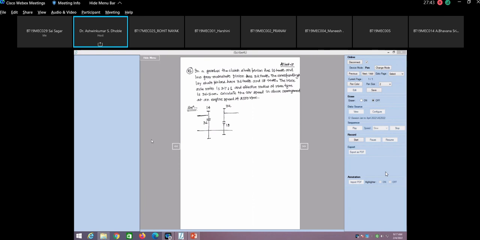Now gear ratio. Gear ratio will be multiplication of the first gear train multiplied by the second gear train.